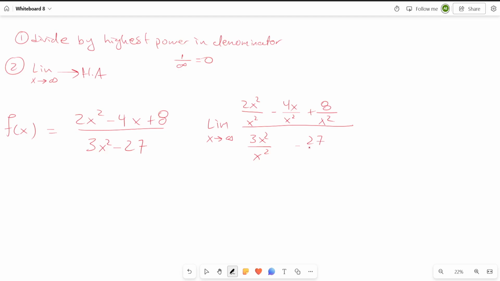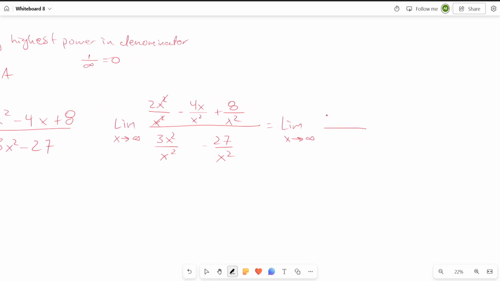Let's simplify. The x squared terms cancel, and I'm left with 2 minus 4 over x plus 8 over x squared, over 3 minus 27 over x squared.